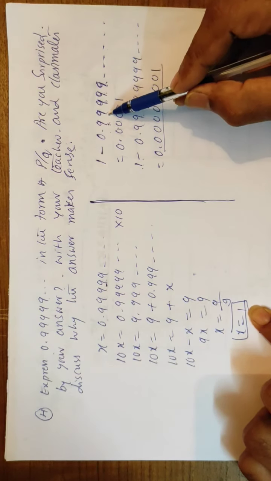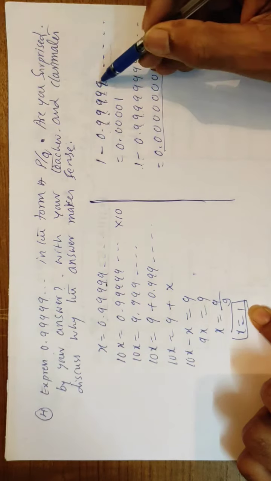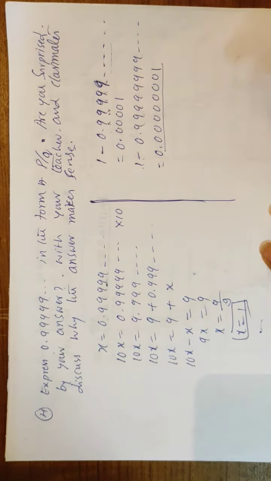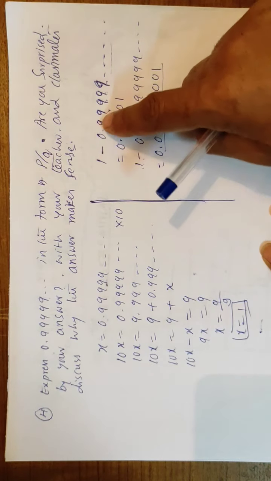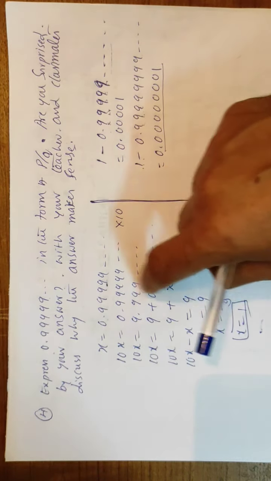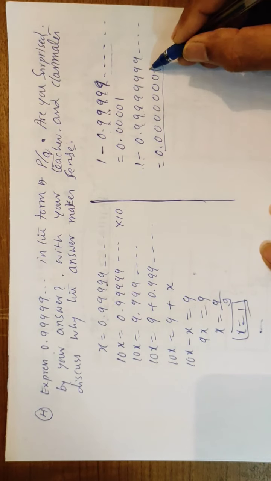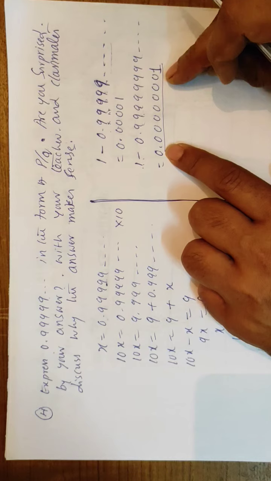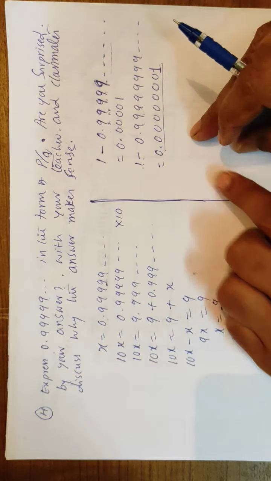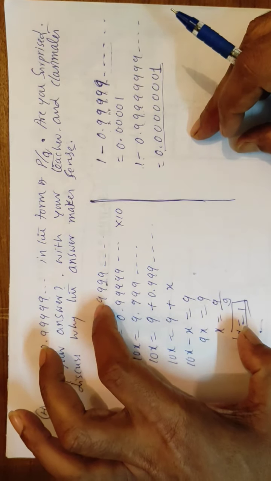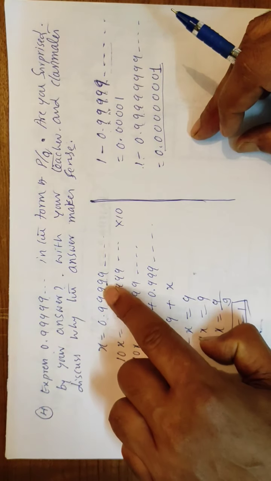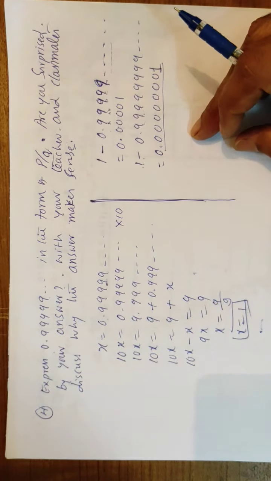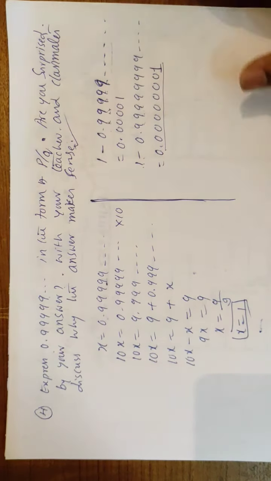Because as the digit 9 continues to repeat, the difference between 1 and the given number becomes almost negligible. It tends to 0 only, 0.000000. So since there is not much difference between 0.99999... and 1, it can be written as 1. So the answer makes sense.